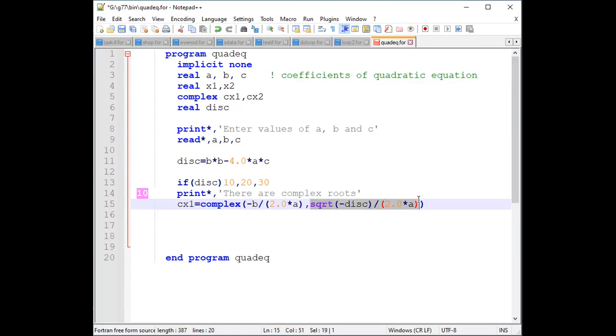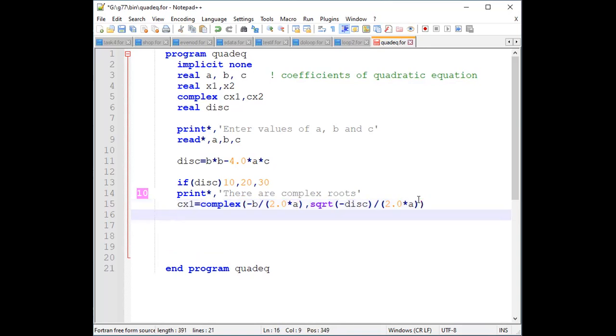And since I'm using variables, therefore I have used the function complex to convert these two into parts of a complex number, right? CX2, there will be only a difference of negative sign, and that negative sign, let's adjust it over here, right?